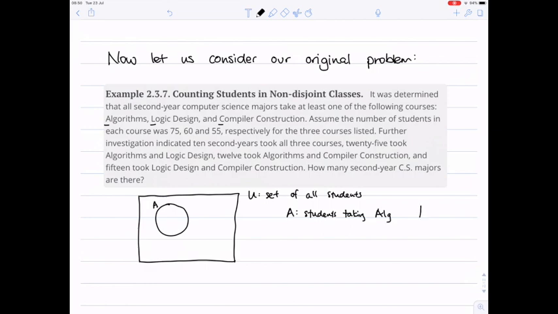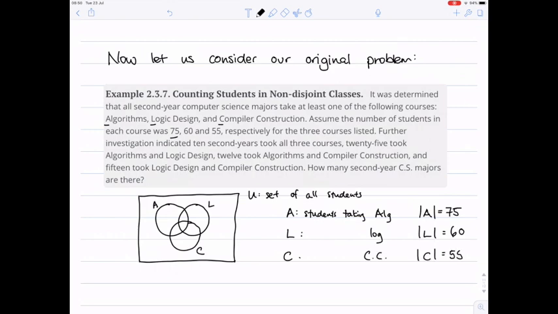and we know that there are 75 of those. So we know that the size of A is 75, and we know that we've got some students taking logic, which I'm going to call L, and we know that the size of that is 60, and we've also got some students who are taking compiler construction. So our C is those taking compiler construction, and we know that we have 55 of those.